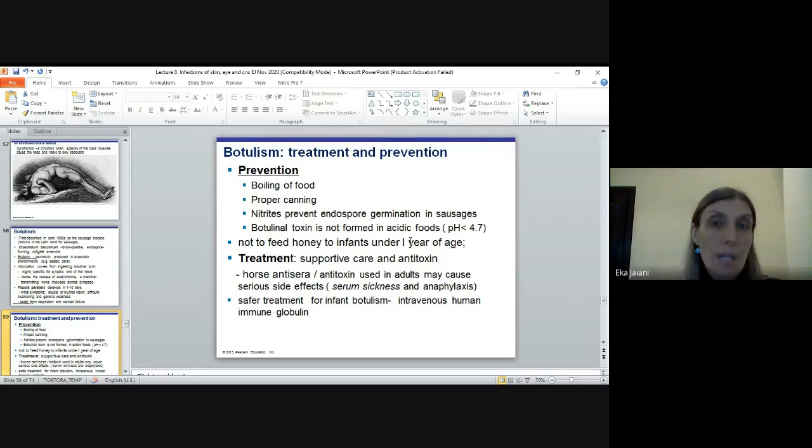So this is actually antibodies against this neurotoxin and can be given to the patients, but there's a risk of anaphylaxis. Yeah, we know from the immunology course. So human immunoglobulin will be safer, of course.